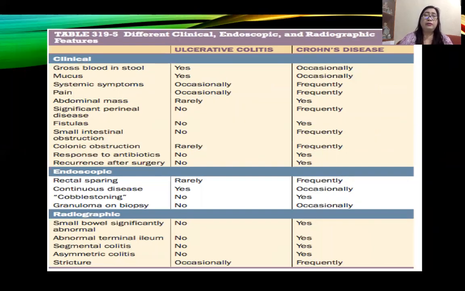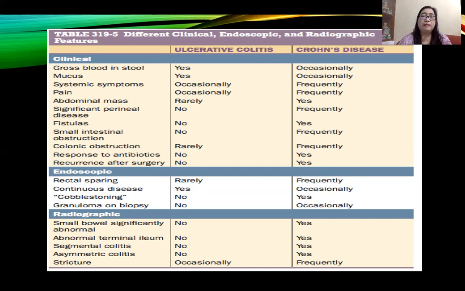So how do we differentiate your ulcerative colitis from Crohn's disease? This is very important, okay? Usually your ulcerative colitis will present with bleeding, as I said. Your stool is with blood and mucoid, and this is not so common in Crohn's disease, okay?